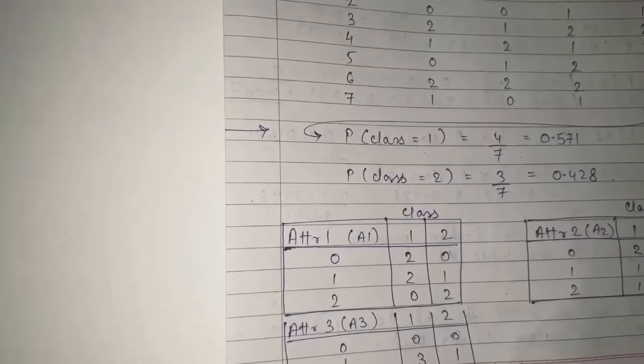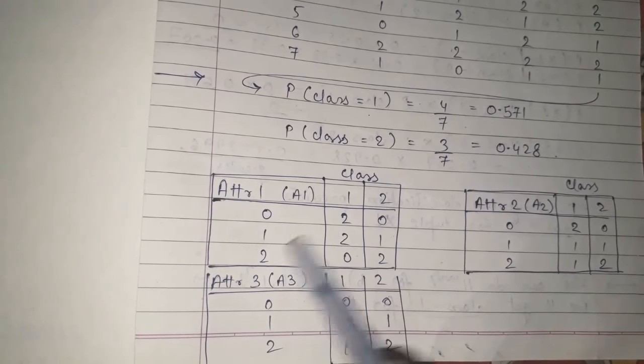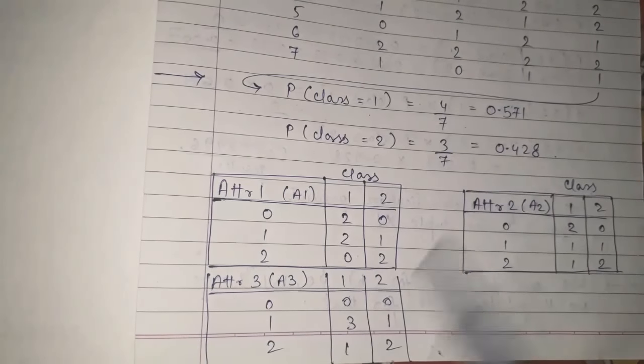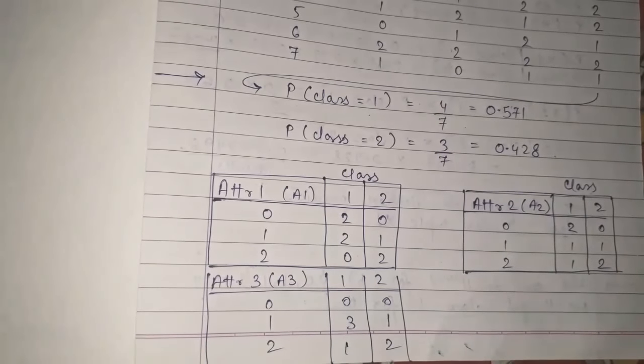Fine. Similarly, you have to do the same checking with all the values of A1, these 3 values of A2 and these 3 values of A3. In this way you have to fill this table, and how to fill the table I have already shown you. So in that way, you have to fill the table for attribute 1, attribute 2 and attribute 3.